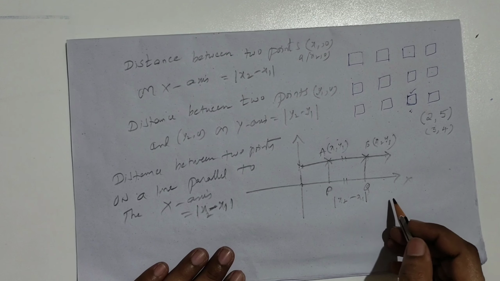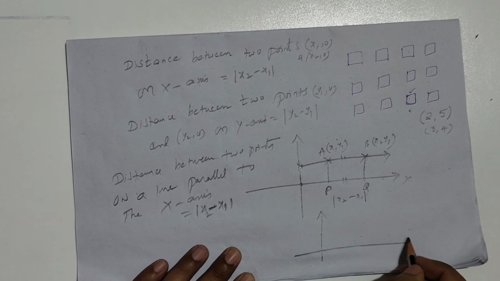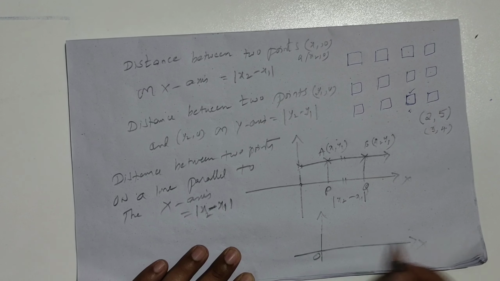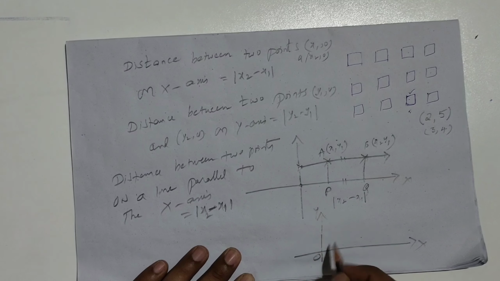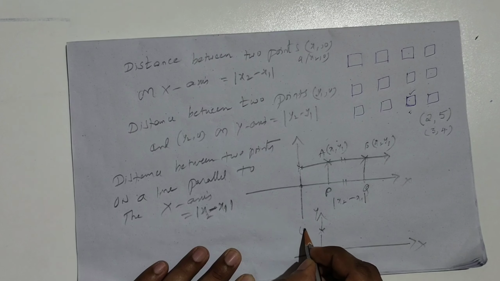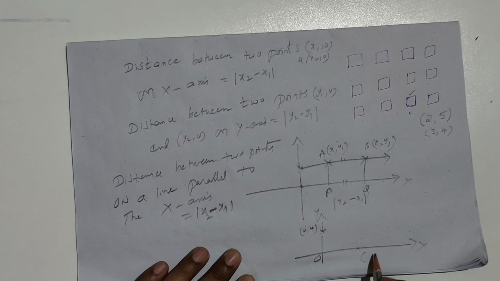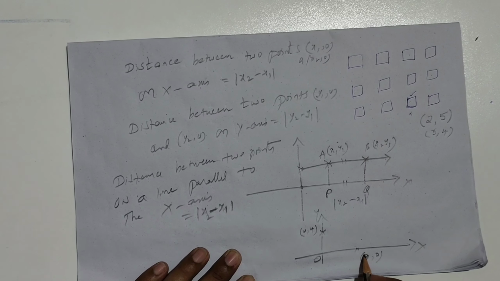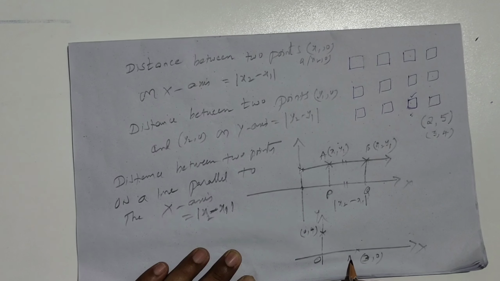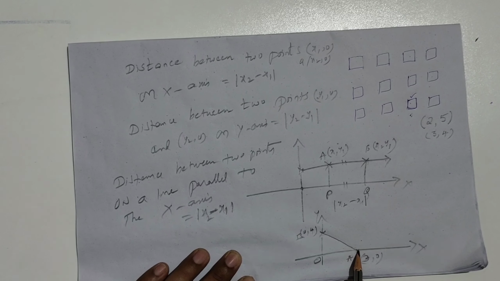For example, I am taking this is x-axis, y-axis, and this one is y. That is why I am taking the first quadrant. In this I am taking 2 points. One is 0, 4 on y-axis and 3, 0 on x-axis. So let us suppose that it is A and this one is B. So I would like to find out the distance between these two.